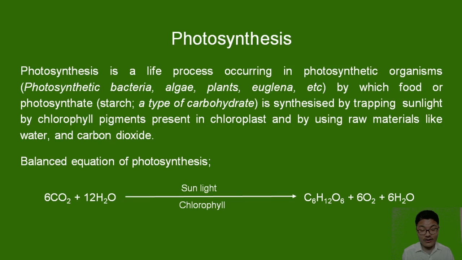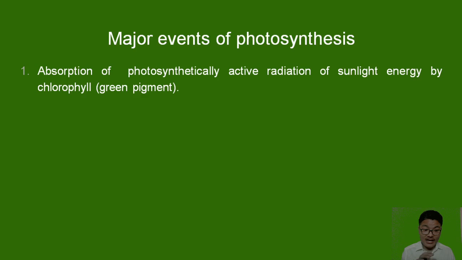So let's try to summarize the major events of photosynthesis. First, there is absorption of photosynthetically active radiation of sunlight energy by chlorophyll, or in simple language, absorption of sunlight with the help of chlorophyll present in the chloroplast of leaves of the plant.